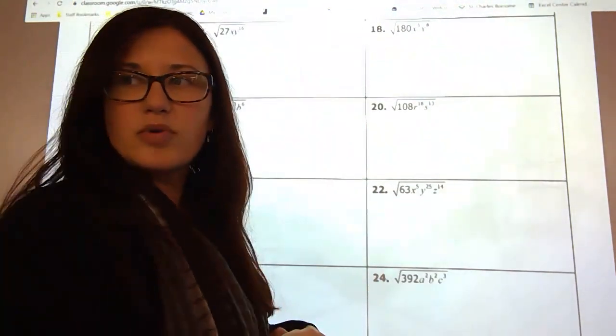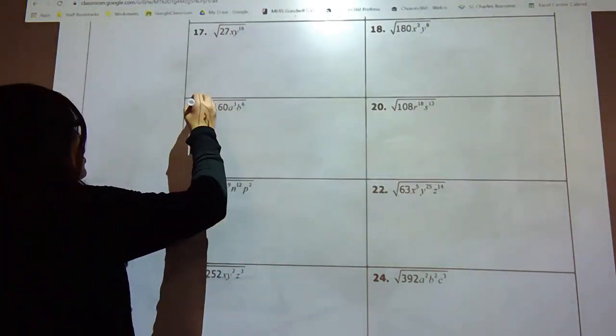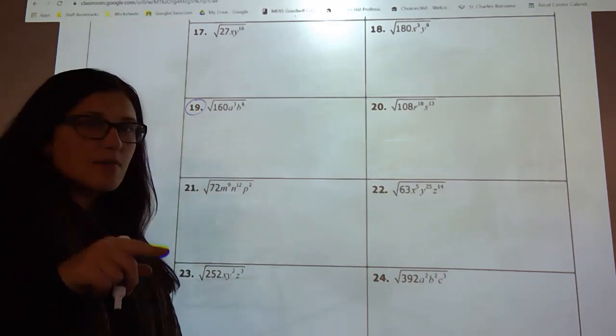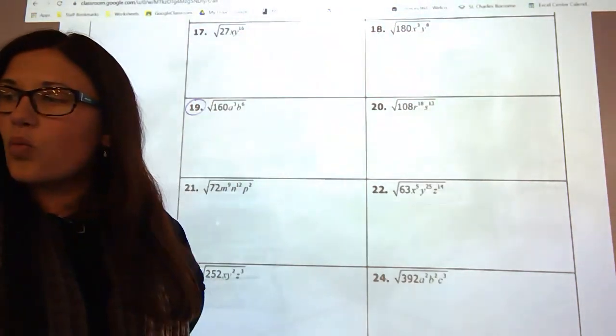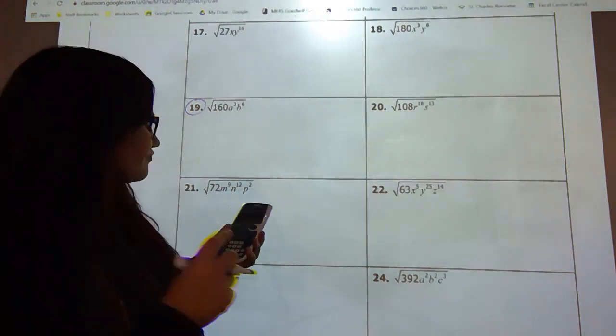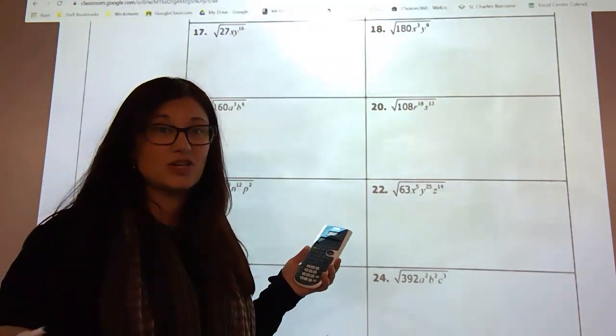And maybe I'll work out a couple more to make sure that we're understanding it all. So 160 a cubed b to the 6th. 160 is not perfect, but I'm going to think about what I could possibly divide into 160. Half of 160 is 80.